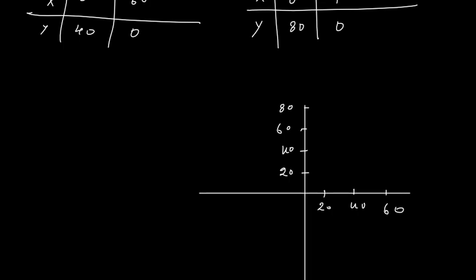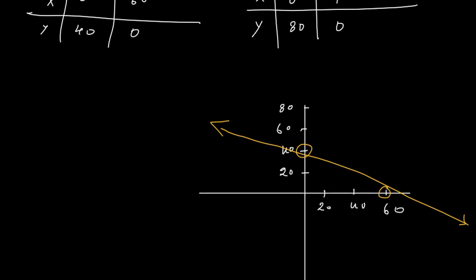Now for the first line, the points are 0, 40 and 60, 0. I will take one point here and one point here, and join these 2 points by a line, something like this.